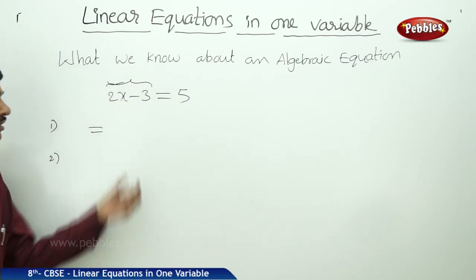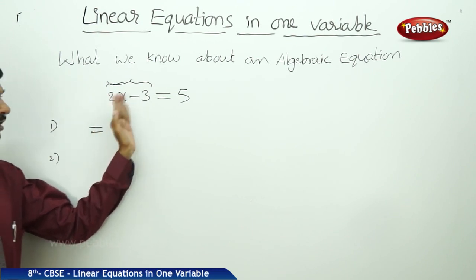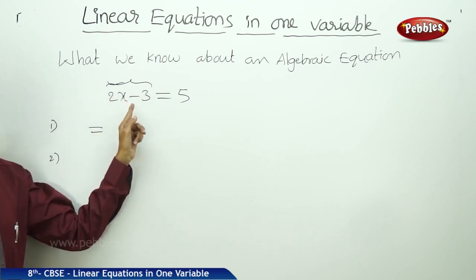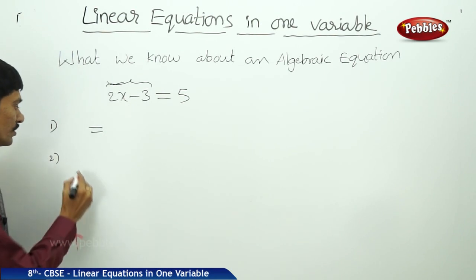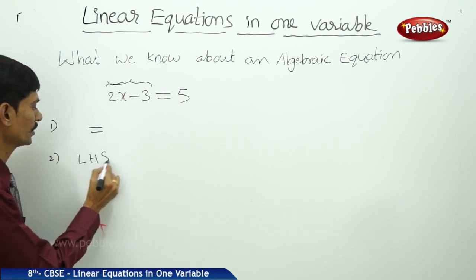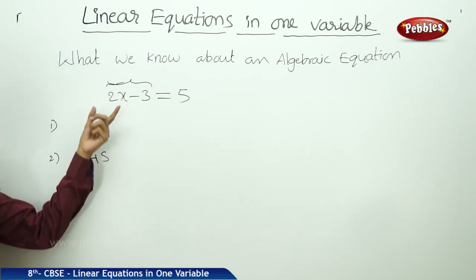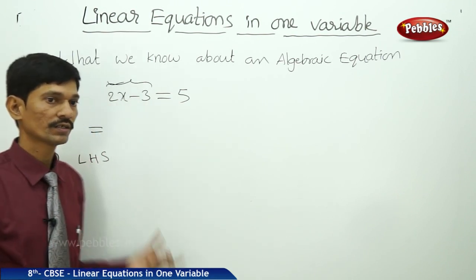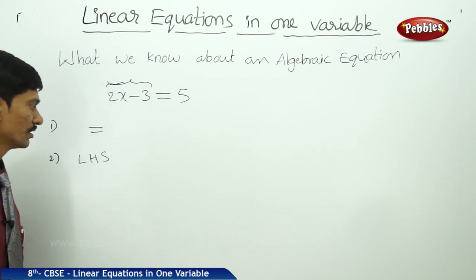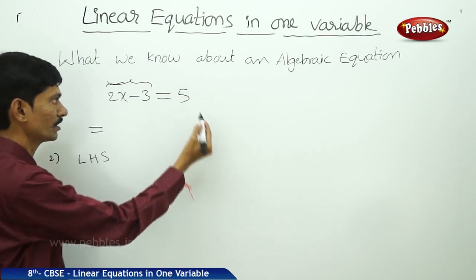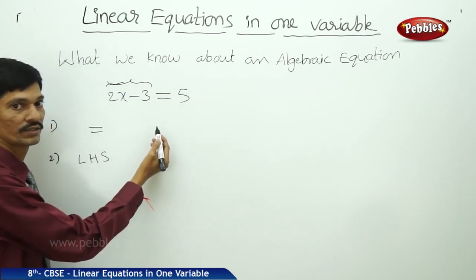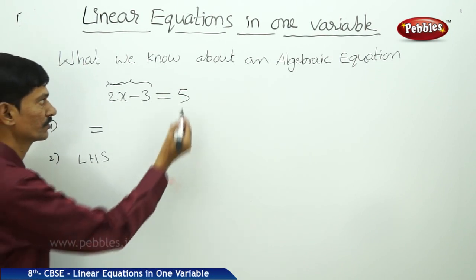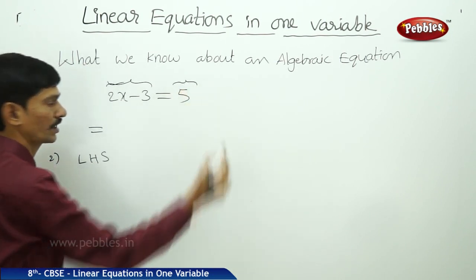2x minus 3, the expression on the left of the equality sign, is called LHS or left hand side. The expression on the right of the equality sign is called right hand side.